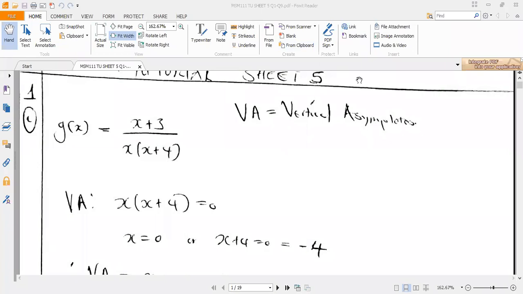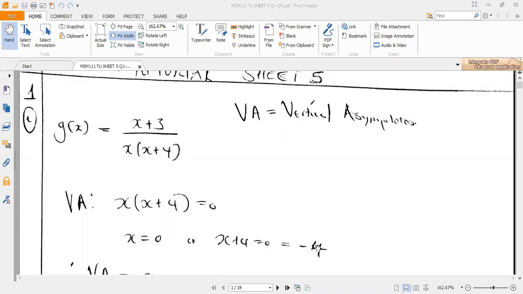Okay, we have forgotten. Okay. So the domain for this function is all real numbers except 0 and -4.